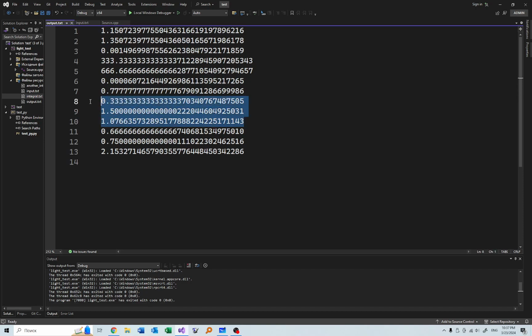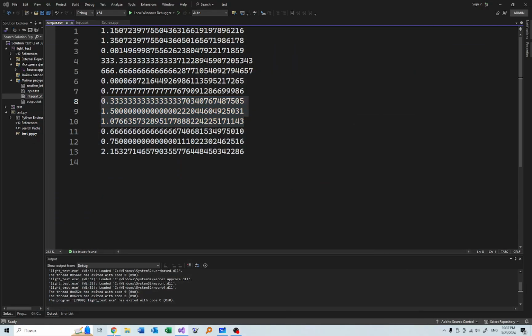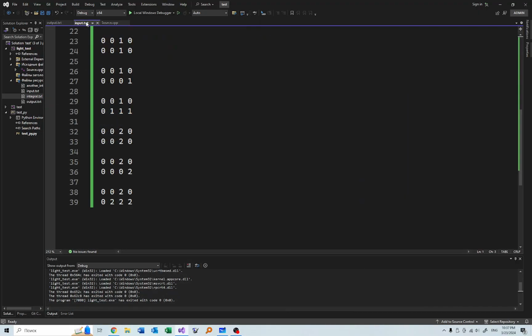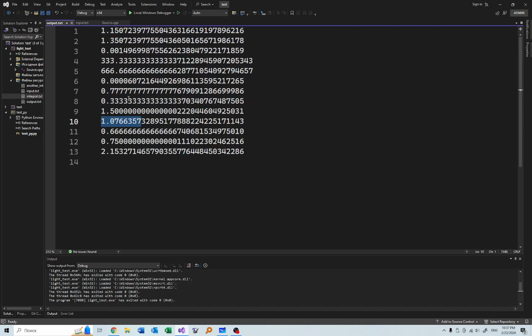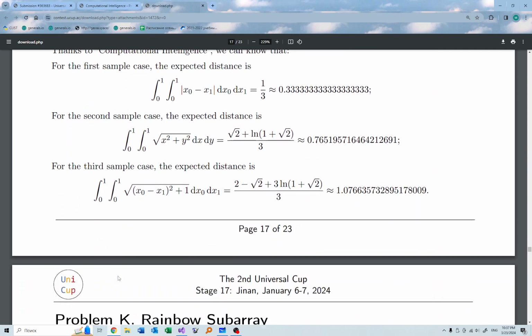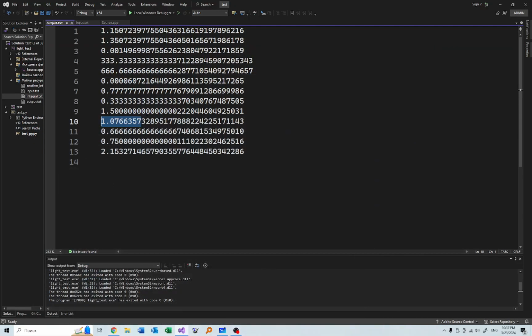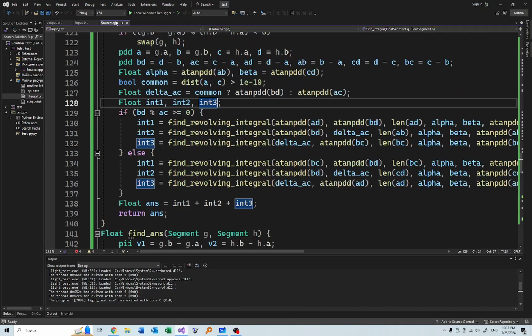So this is the answer to some samples. And this is actually correct. Yeah, this is correct, but this is the parallel case, so it's stupid. It's correct because it had no choice but to be correct. And the only thing that we could test is wrong.